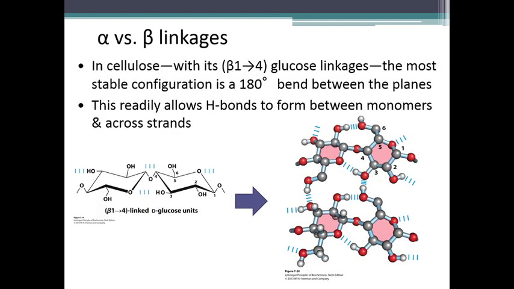In cellulose, however, with its beta-1,4 glucose linkage, the most stable configuration is a 180-degree bend between the planes. This readily allows hydrogen bonds to form between monomers and across strands, and as a result allows for this kind of a hydrogen bonding network.